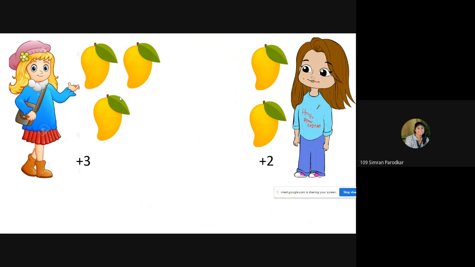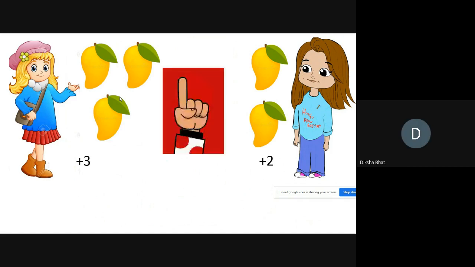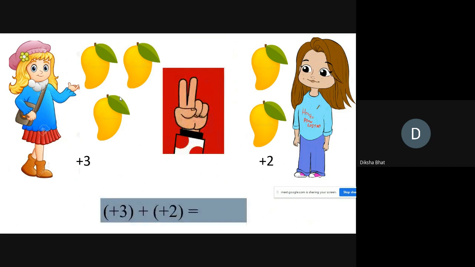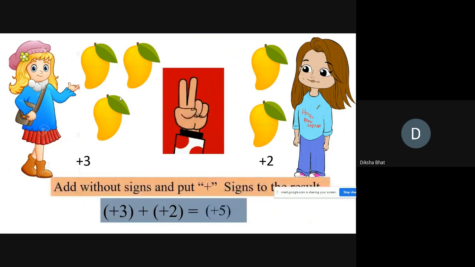Positive 5. Yes. Let's write this using numbers. Positive 3 plus positive 2. What will be the total? Positive 5. Yes. We have to add these numbers and put a positive sign to the result. So in total, they have 5 mangoes.